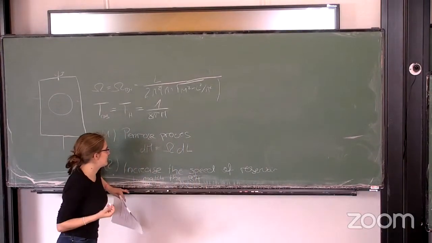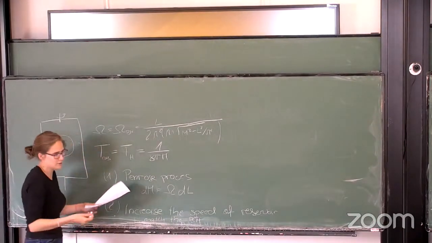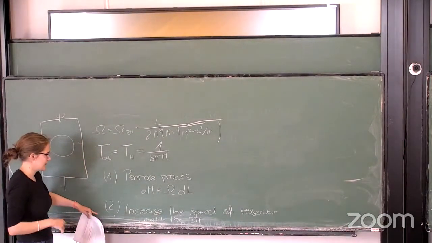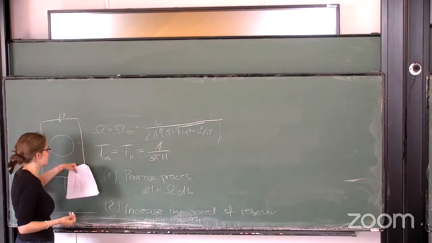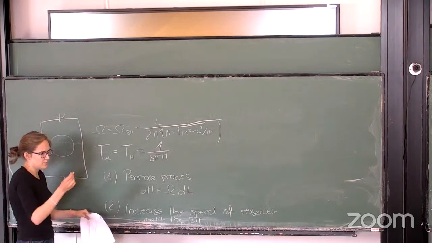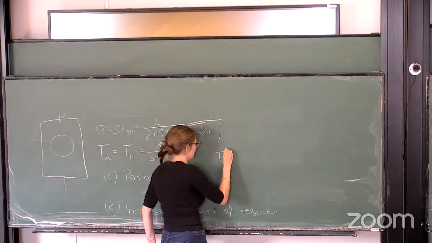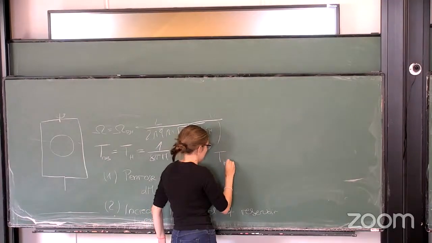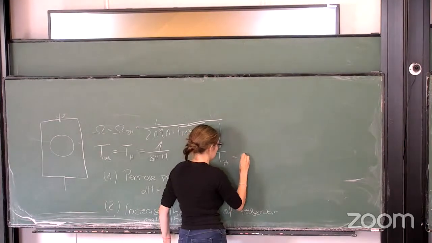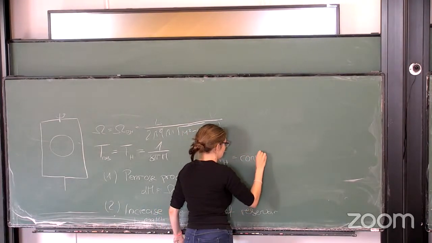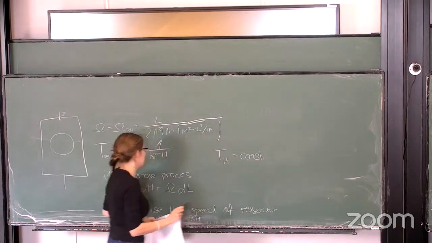So we now do the same amount of work as before, but because we are always thermally connected to a reservoir, our path in the space of states will be such that the Hawking temperature is constant. You then change the angular momentum.